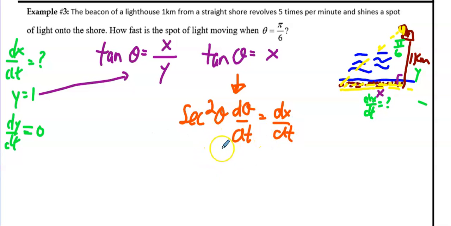Now, we have a little bit of an issue here because we know theta is pi over 6, but we don't know right this second what d theta/dt is. So we can go ahead and write out secant squared of pi over 6, because theta was given to us. Well, what is d theta/dt? So you've got to think about it like this.